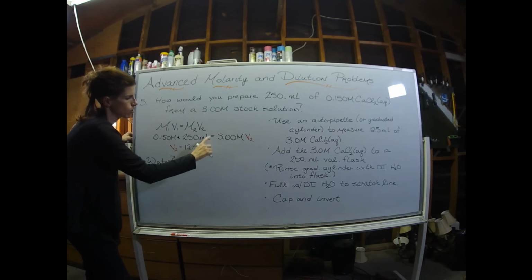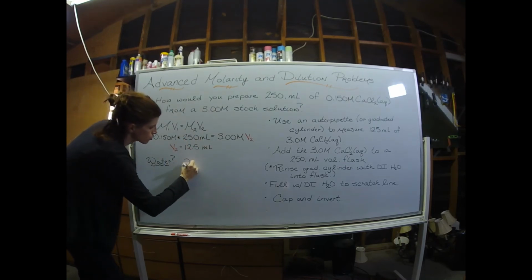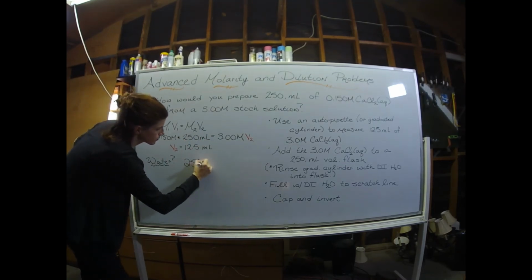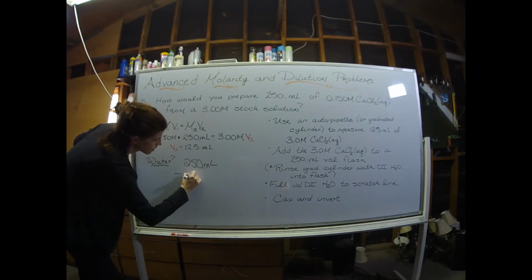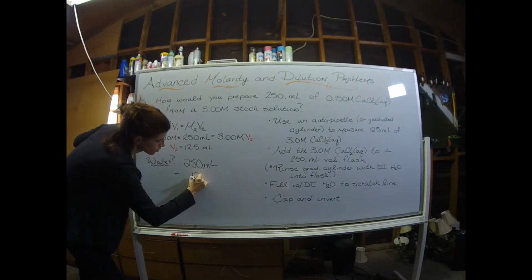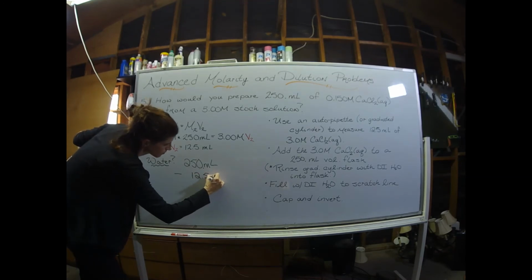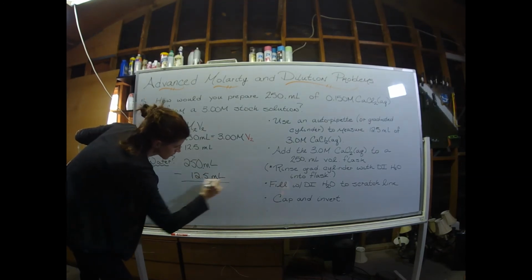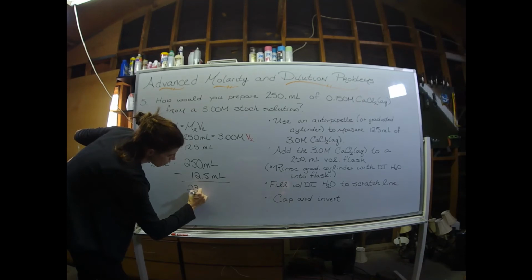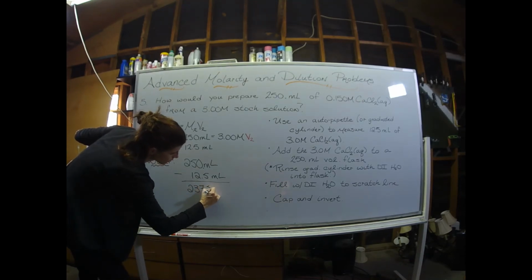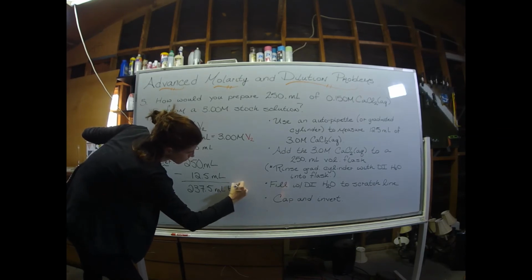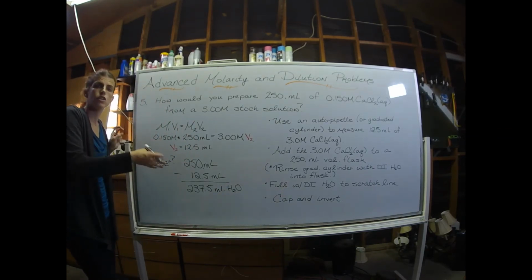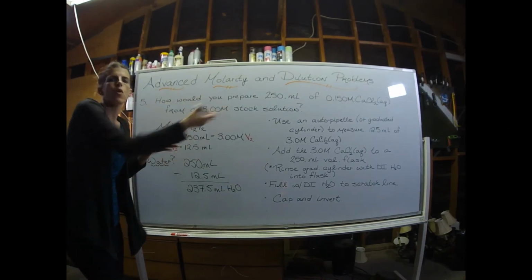So you'll take your desired volume, the 250 mils, and you're going to subtract the amount of stock solution that you added. So you're going to have to add 237.5 mils of water. Maybe use a graduated cylinder to measure out that water if you don't have access to a volumetric flask.